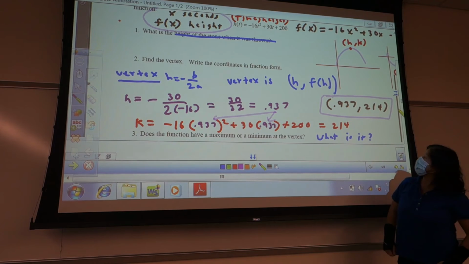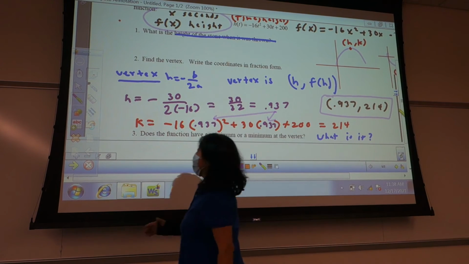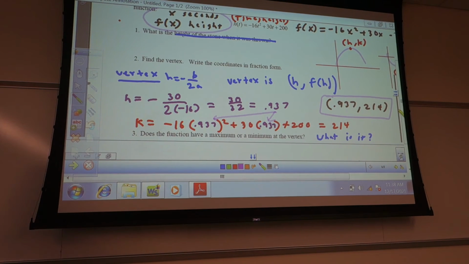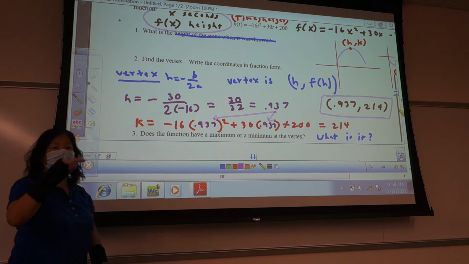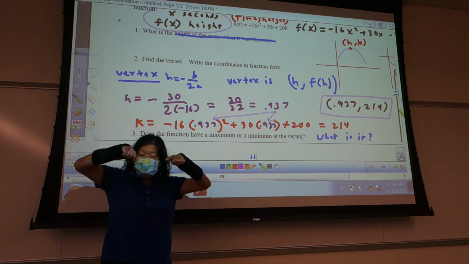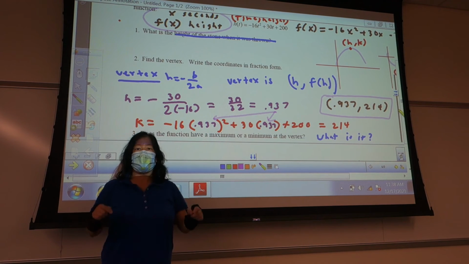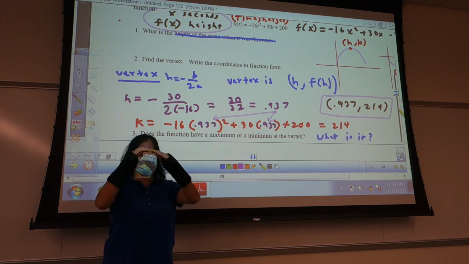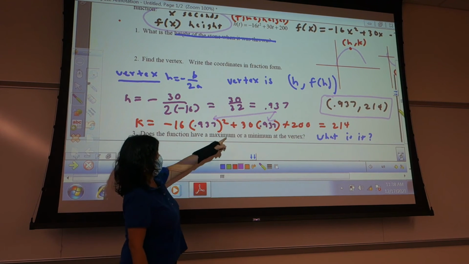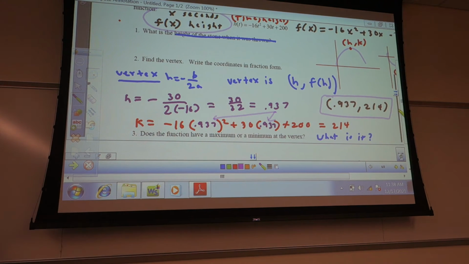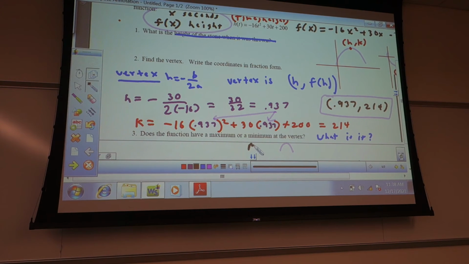Okay, so is it a minimum or maximum? Is it happy or unhappy? It's unhappy because a is negative. If it's unhappy, it opens downwards. It's unlimitedly down, but it has a maximum at that point. It's a max. What's the max?